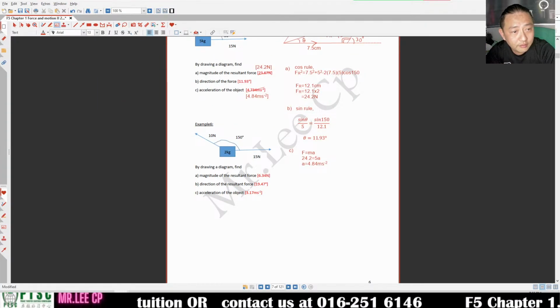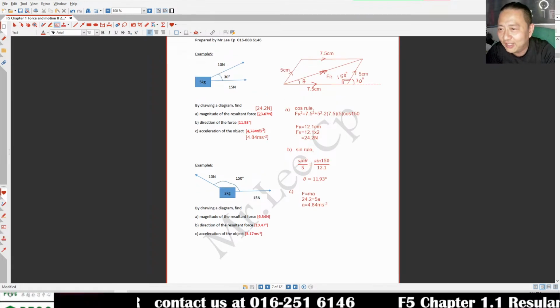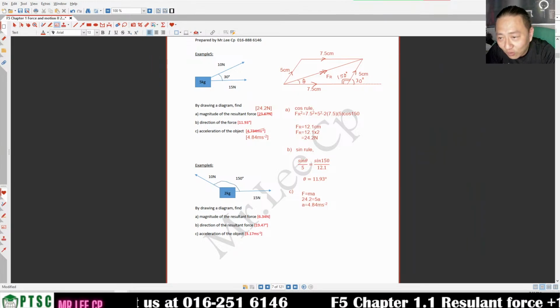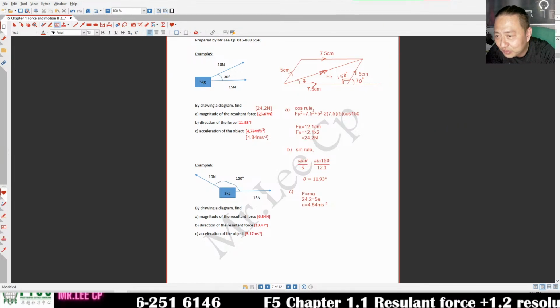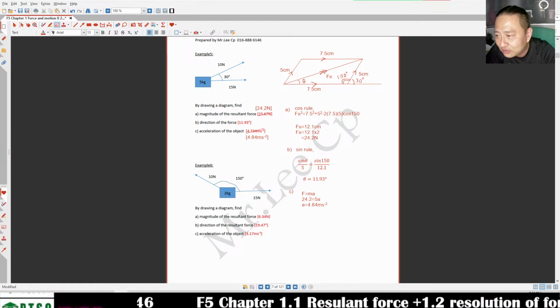Okay. So if you got one force pulling at here, and you got one force pulling at here, then logically it will move in between, because you got a force here, you move in between, right? Resultant force.